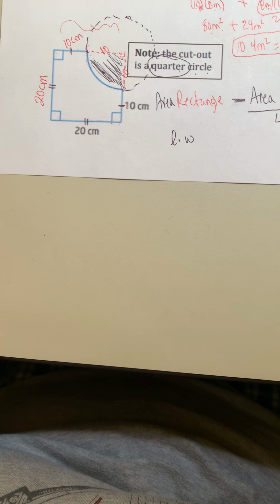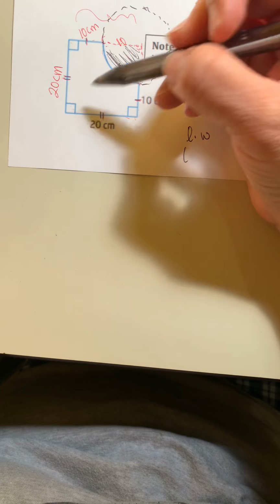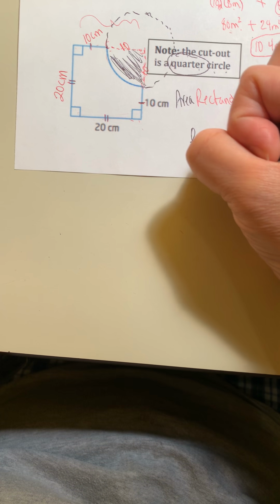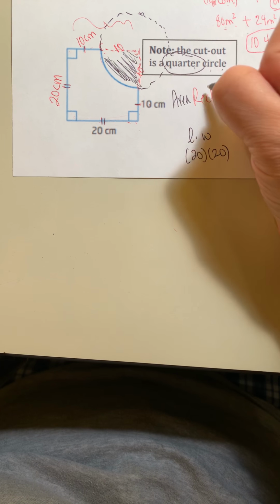So my length is 20 and my width is 20. So 20 times 20. This is actually a square, sorry. It's the same formula. This should be a square. Okay, so 20 times 20 is 400. Centimeters times centimeters is centimeters squared.